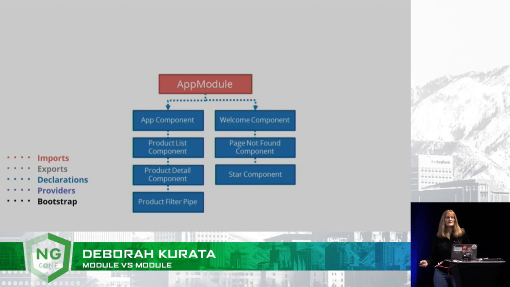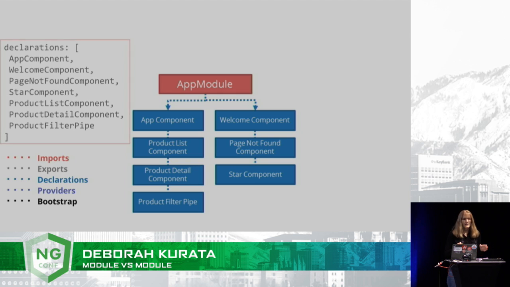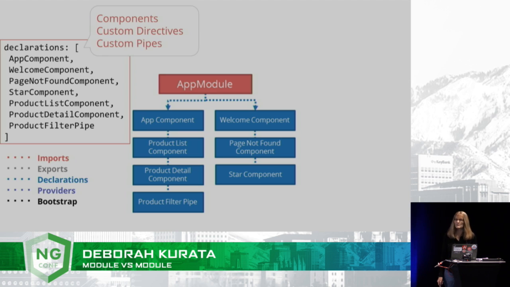Well, first of all, it's important to note that every Angular application that we build has to have at least one Angular module, by convention called app module. One of the first arrays that you need to think about is the declarations array. The declarations array contains components, custom directives, and custom pipes.